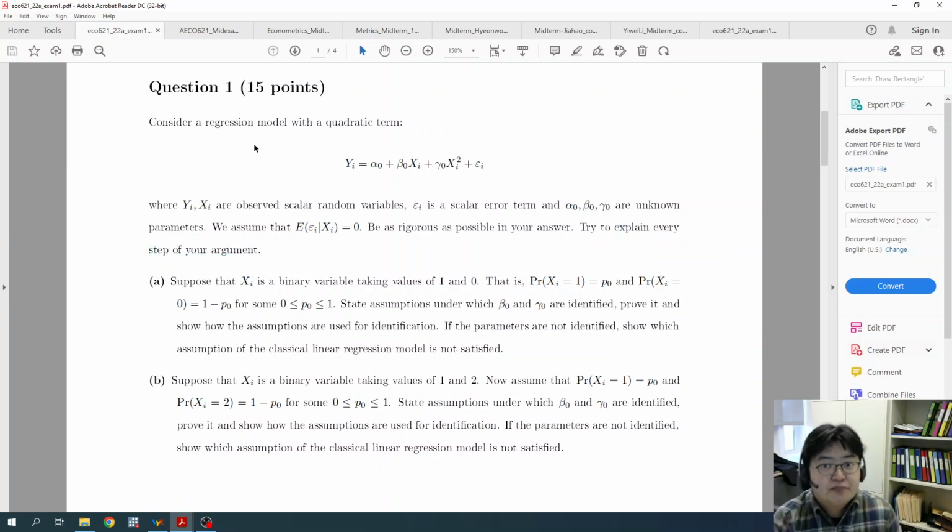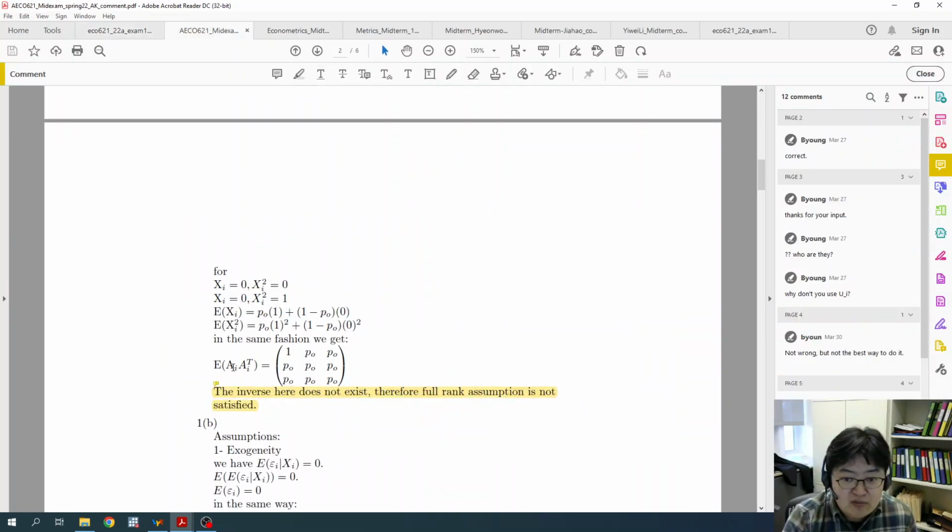If you just get to here, there is just one more step you have to do, which is to calculate the determinant. If you Google, there are ways you can calculate the determinant of a 3 by 3 matrix. You can learn how to do that, but that's not a good idea.